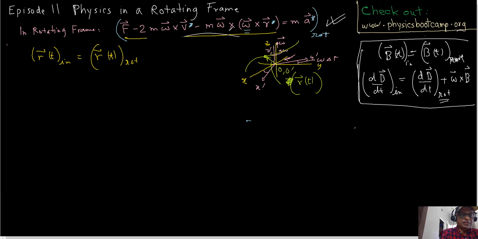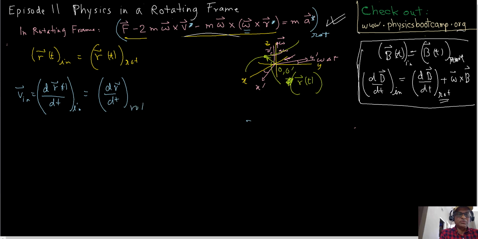That's going to be the velocity. The inertial velocity, if I do it in the inertial frame, which we just found out from here, will be dr/dt in the rotating frame plus omega cross r, and this first one is the velocity in the rotating frame.